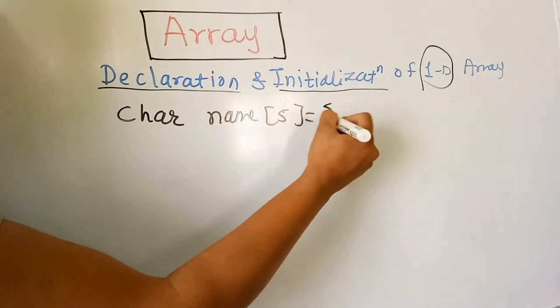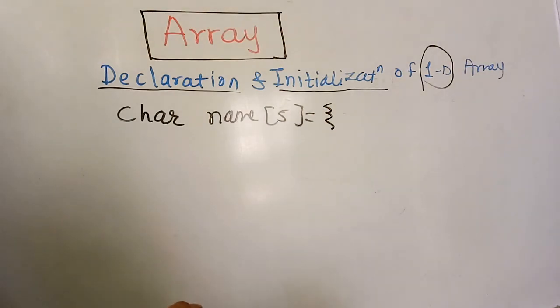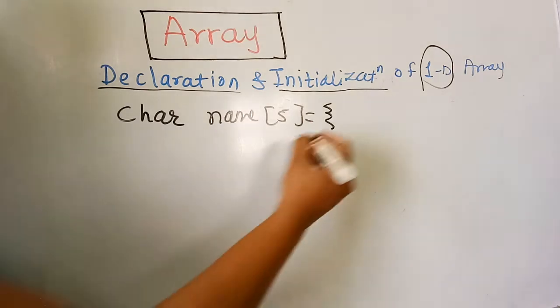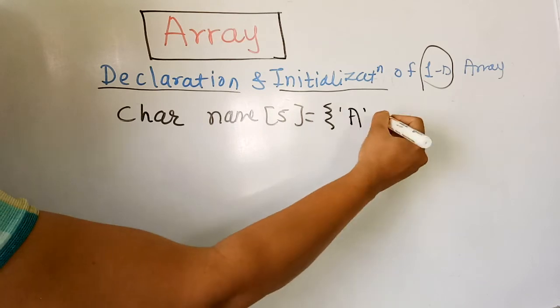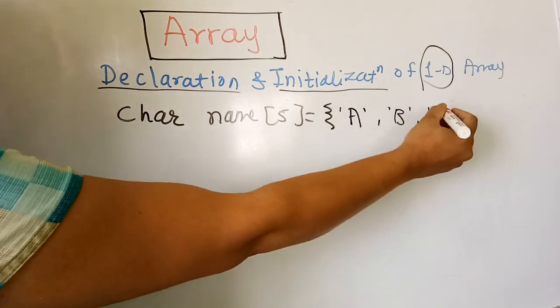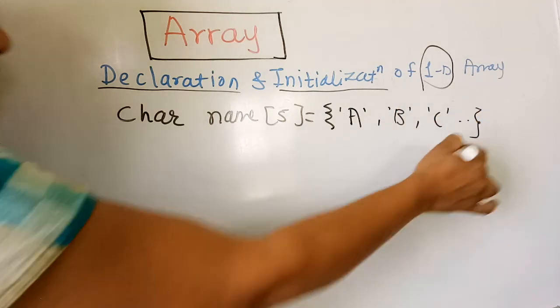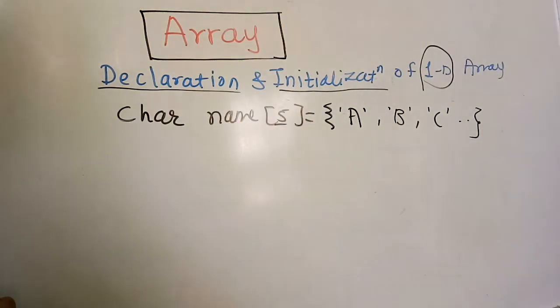You can declare them like this. As these are alphabetical characters, you have to specify them compulsorily in single quotes, for example A, B, C, and so on. Only 5 elements are allowed.